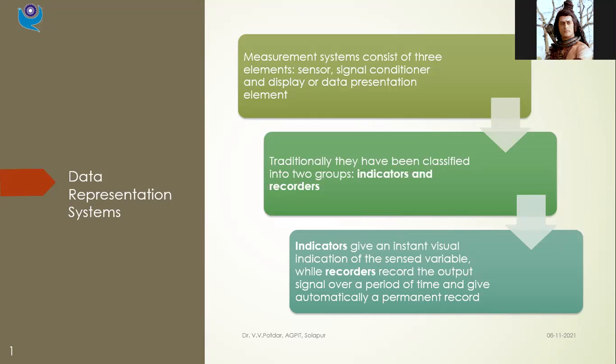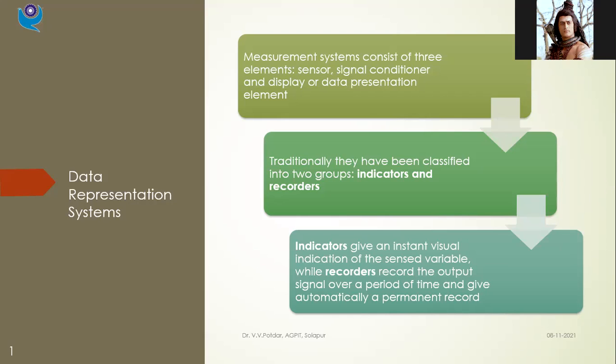So that data can be used for actuation of the actuator, and it can also be used for display of the machinability parameters. So there my data representation systems come into picture.